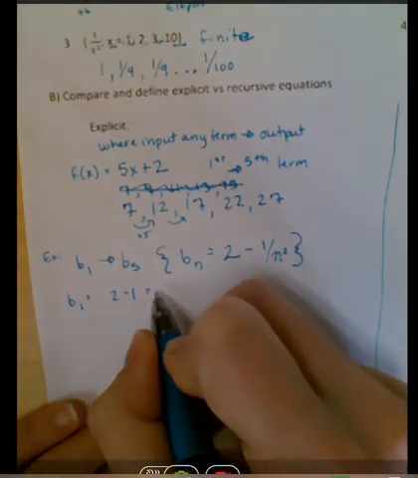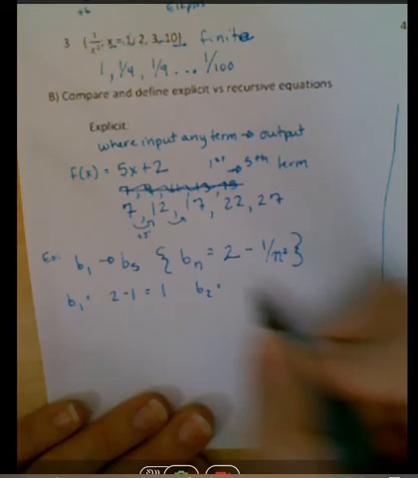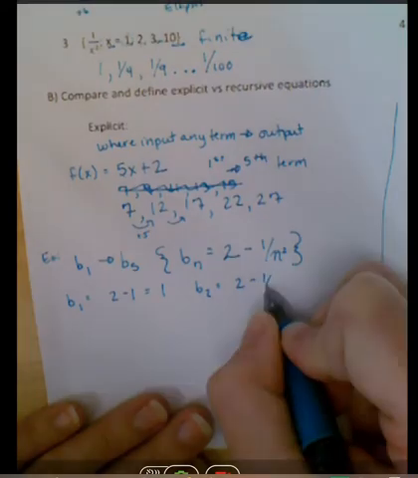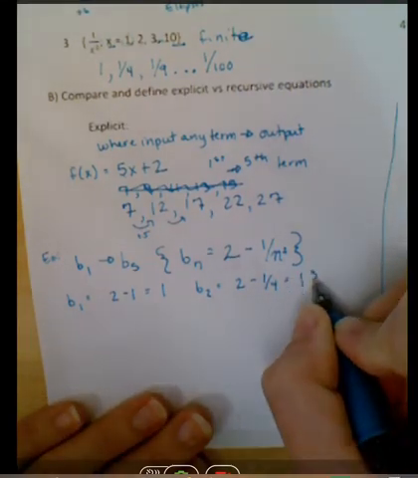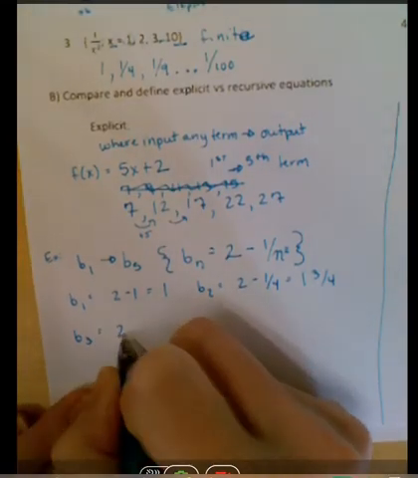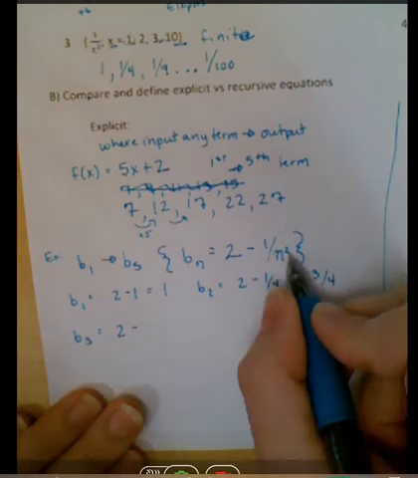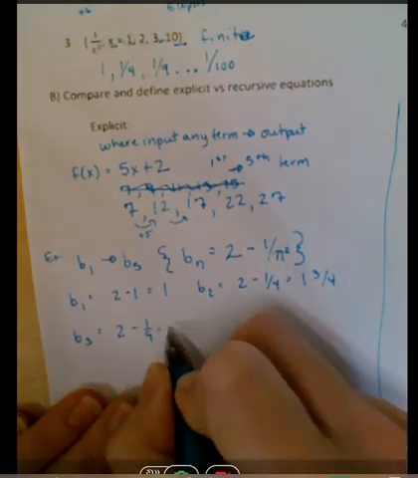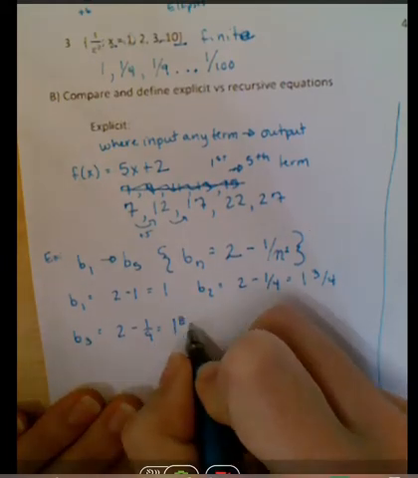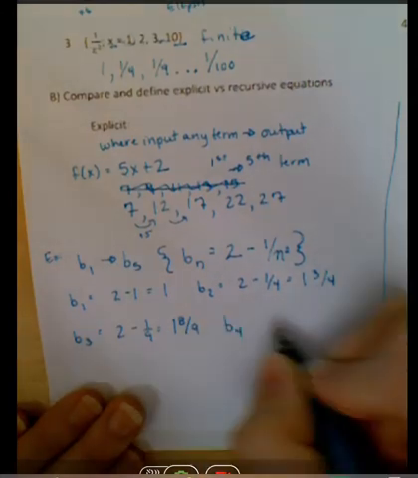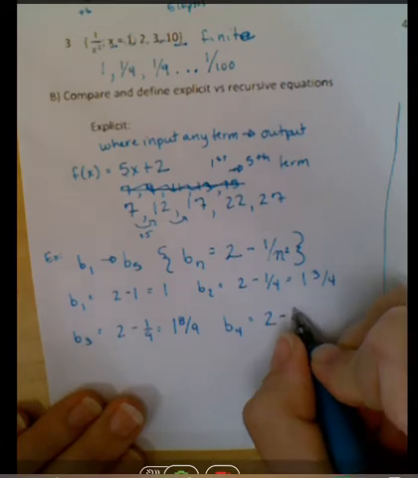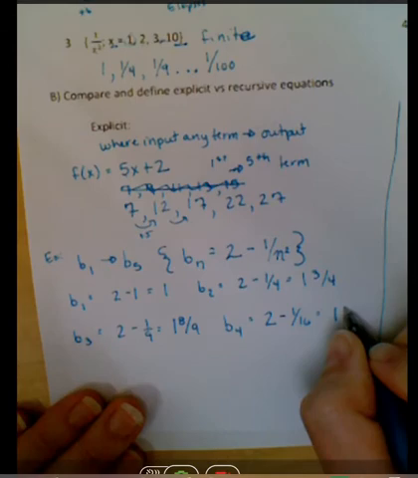All right. b sub 2 equals 2 minus 1/4, which is 1 3/4. b sub 3 is 2 minus 1 over 3 squared, which is 1/9, which is going to be 1 and 8/9. b sub 4 is 2 minus 1/16, which is 1 15/16.